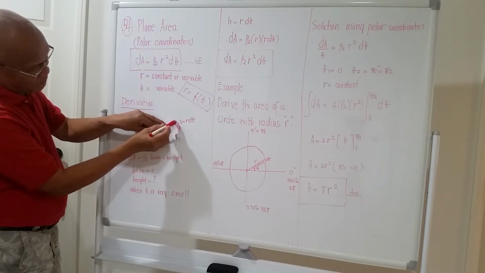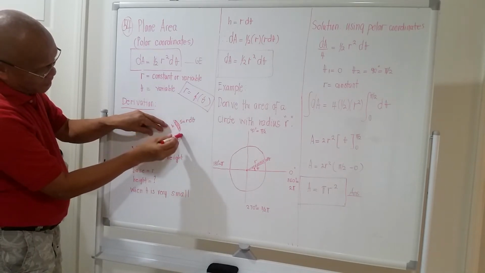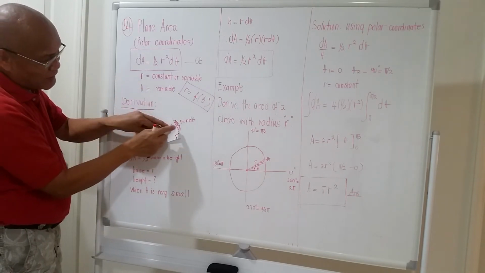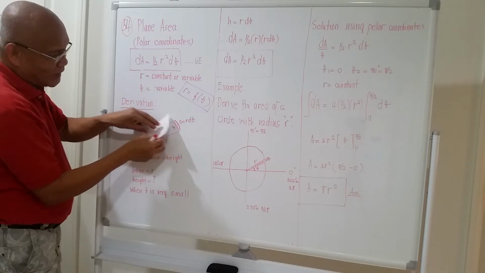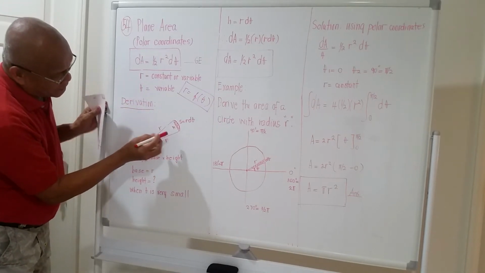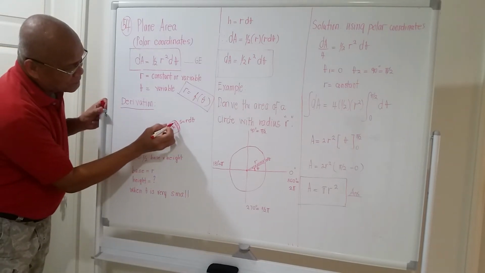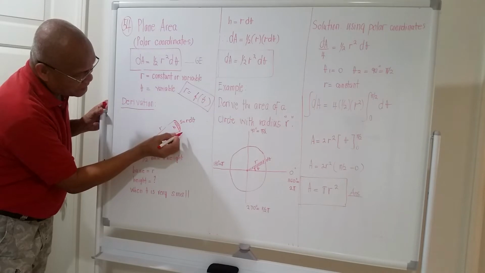So actually, I remove the one with the dotted line. The area with the dotted line is very minute. If the angle is too small, the area under the dotted line is very small. So actually, I could say that if I will try to draw a line from this point here up to this is a very small arch, okay?